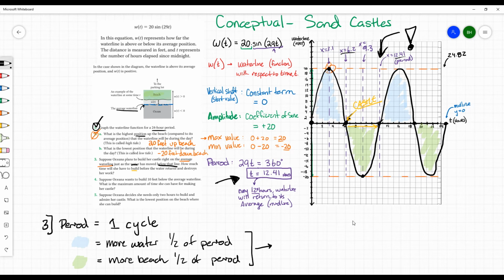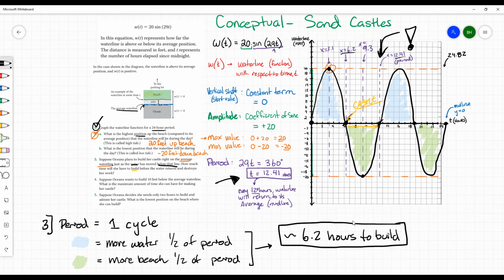So Oceana is roughly going to have around 6.2 hours to build, which some people feel like that's a long time to build one sandcastle, or I guess multiple sand castles. But she'll have about 6.2 hours to actually build it.